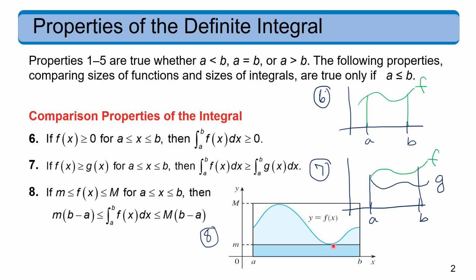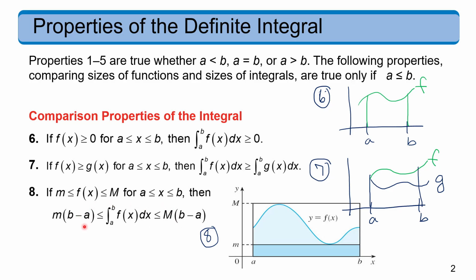Notice its smallest value is here, so we'll call that little m. And its biggest value here, we'll call that capital M. So f of x is always between little m and capital M over this x interval from a to b. So under that assumption, this is the claim, that the integral of f is between these two expressions.